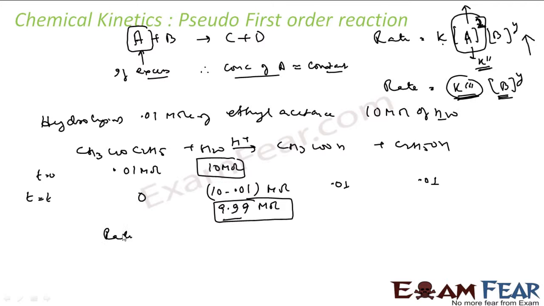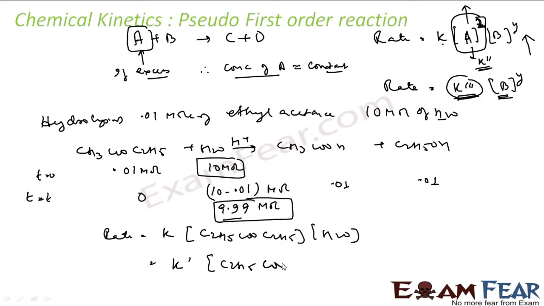So for this reaction, the rate was actually k times the concentration of CH3COOC2H5 and the concentration of water also. But the concentration of water is almost the same, so I can write this as k dash times the concentration of CH3COOC2H5.